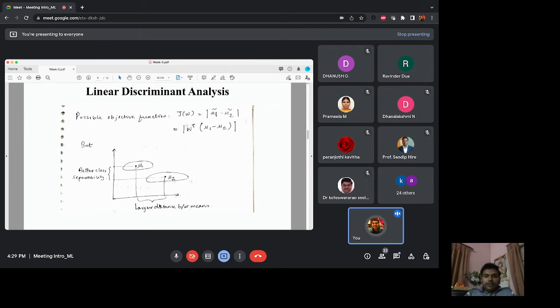So, what do we need to do? We need to figure out the spread, as somebody said before, the spread that is present in both the classes. Like class 2 is spread out much more along the x axis than the points in class 1, which is why when I am projecting on the x axis they are overlapping, because the class C2 is much more widely spread along the x axis.